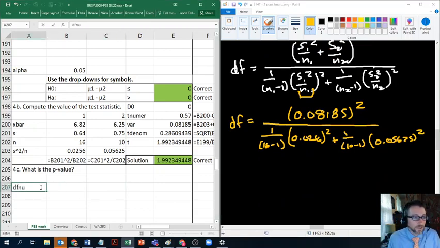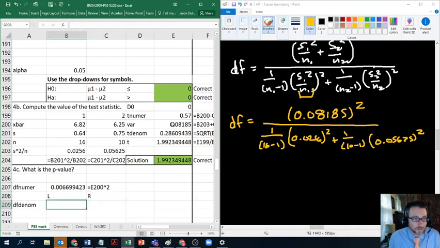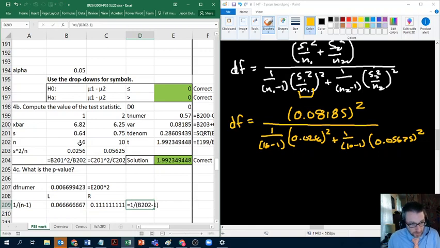So if I wanted to get my degrees of freedom numerator, that's going to be this variance squared. And then I'm going to have my df denominator, but it's going to have a left side and a right side. Let's do 1 divided by n minus 1 first. If you do it right, you can take advantage of copying and pasting a little bit.